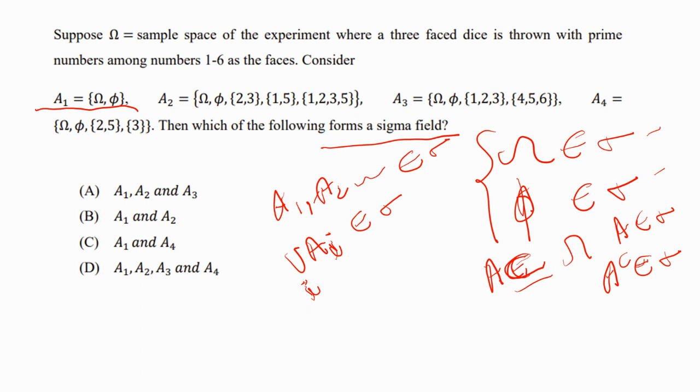The third condition is that for any number of sets, the intersection will be the empty set, which is already in A1. And its union is omega, which is also already in this set. So A1 will be a sigma field.